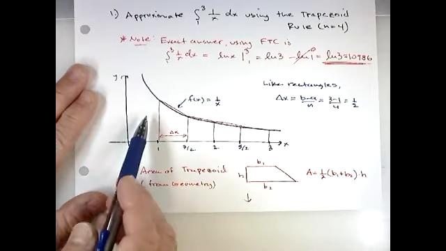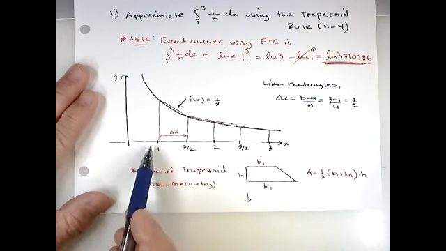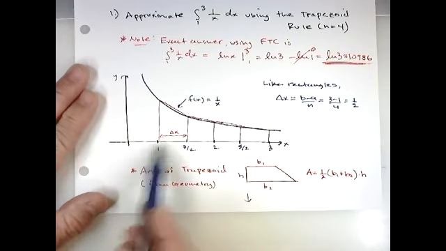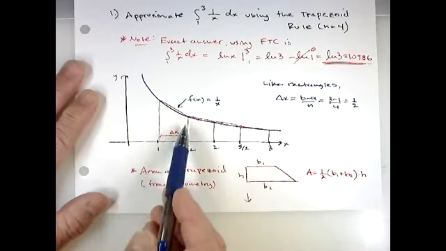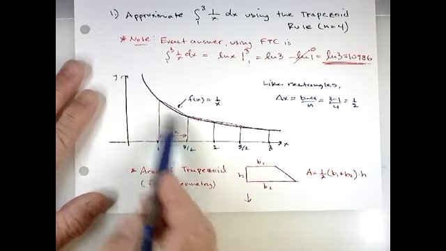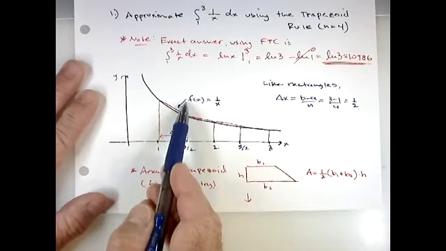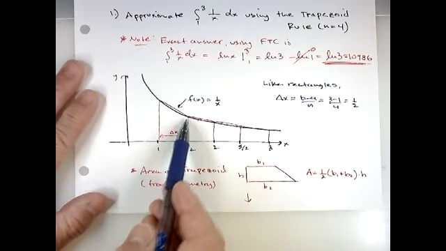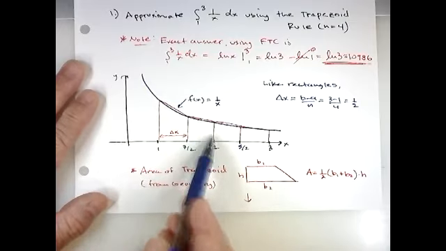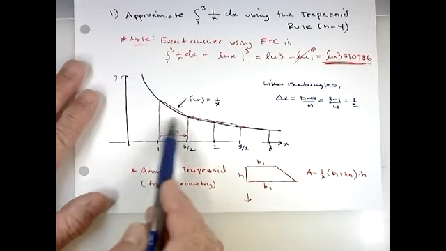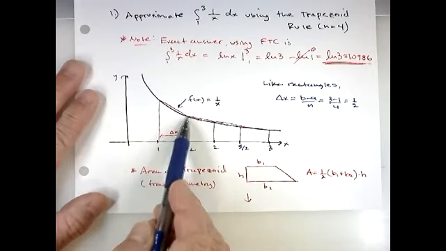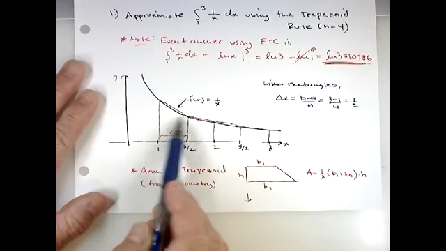And as the name implies, we're going to approximate this using trapezoids, which makes a lot of sense. Previously, we were either choosing the left-hand endpoint and making a rectangle that clearly overestimates the area under the curve, or using right-hand endpoints where you make a rectangle that very much underestimates the value of the integral because you're going horizontally.